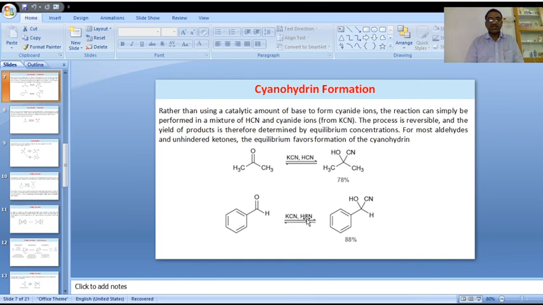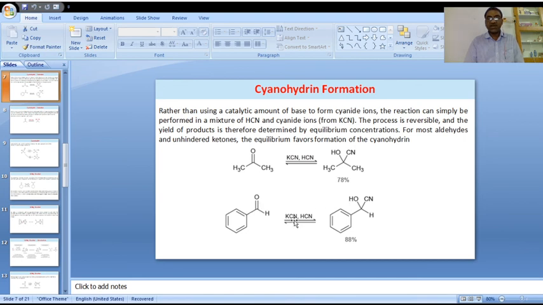Cyanide ion is also present in the reaction mixture to form cyanohydrin, 88% from the aldehyde. For most aldehydes the equilibrium favors formation of the cyanohydrin, because here we are getting 88 percent, nearly 90 percent of the product.